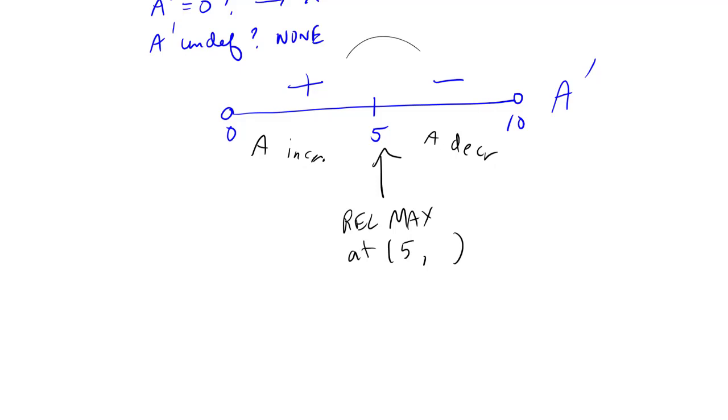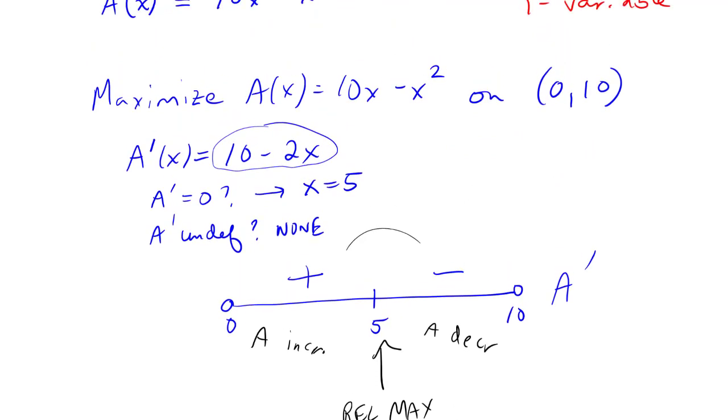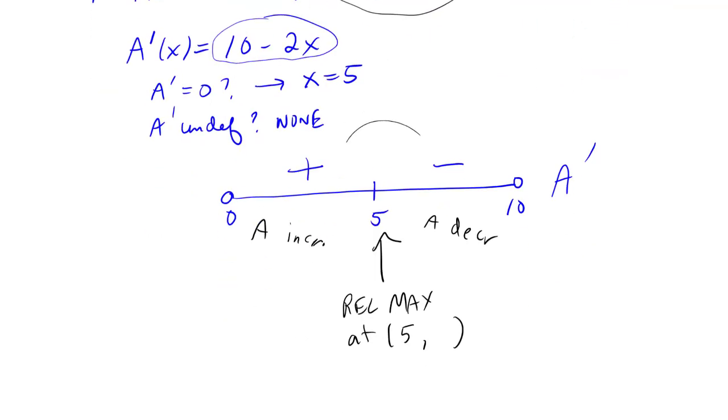Okay, and again, since my area back here was 10x minus x squared, if I put in 5, I get 50 minus 25, which is 25. Okay, now I'm actually looking for absolute max or min, in this case a max, but look at it.